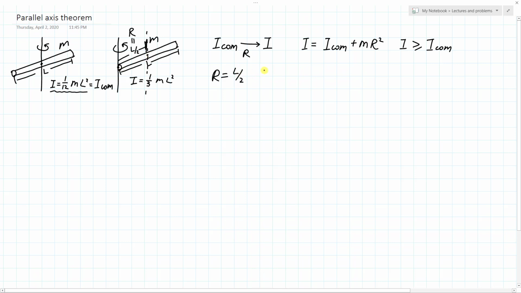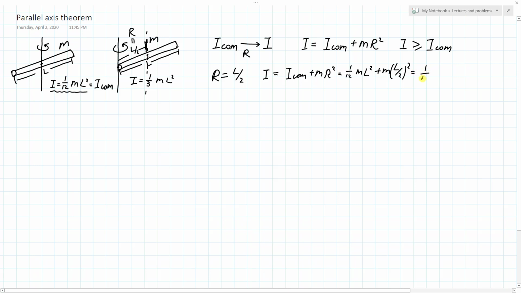And the rotational inertia should be equal to I center of mass plus MR squared, that is equal to, the center of mass version is this, 1/12 ML squared, plus M times L/2 squared, that's a quarter, right?